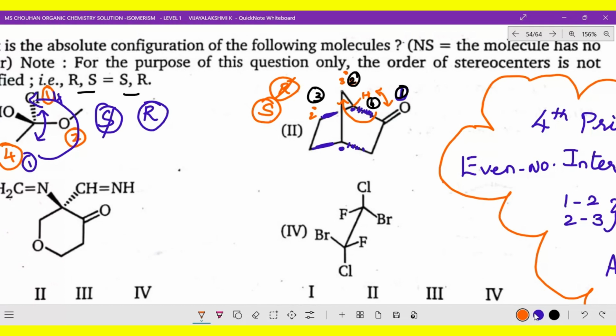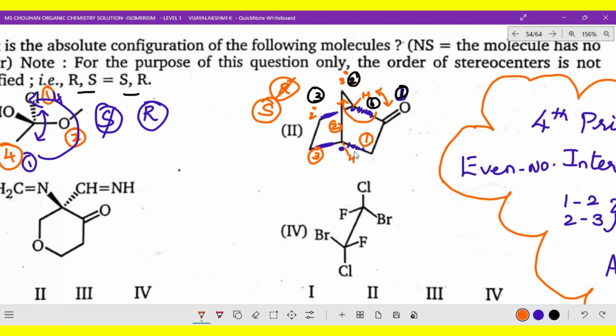Now the second one, I just put it in orange. Here the same oxygen we are giving priority because the dash position is going to attach with that oxygen, no? So first priority, and the second priority, tertiary carbon, right? And this is third, secondary carbon. Of course, here also one hydrogen is there, fourth priority. So 1, 2, 3, 4.